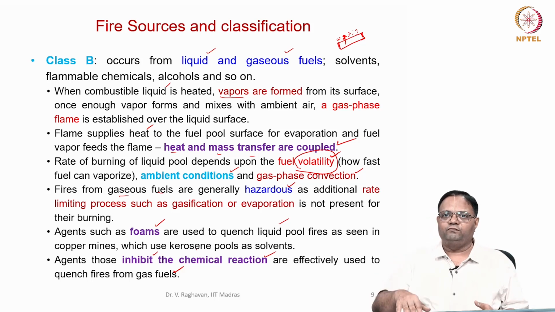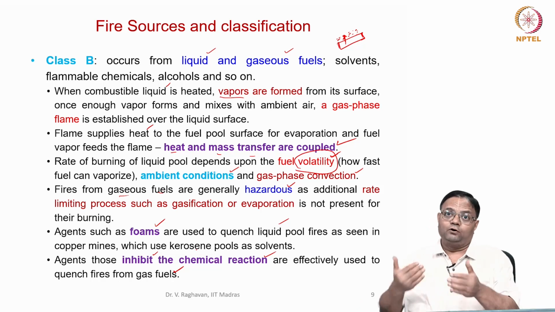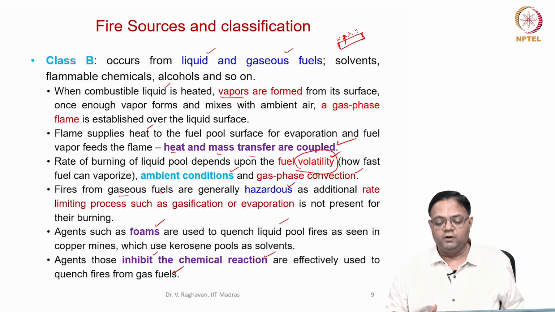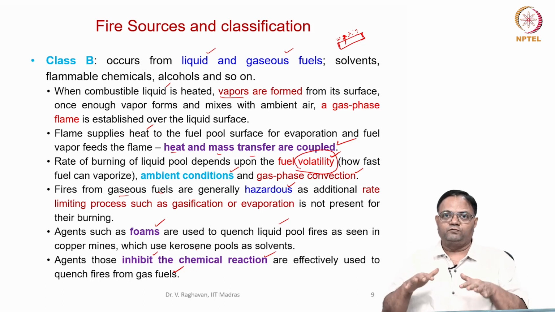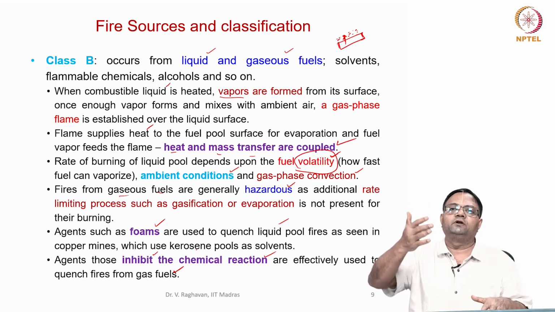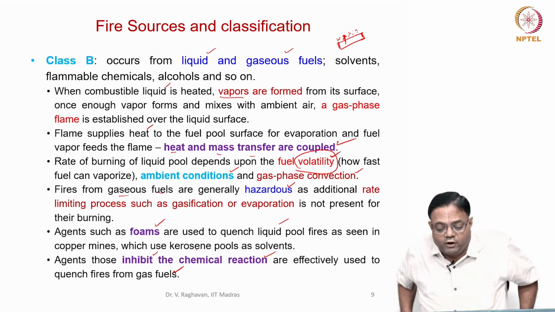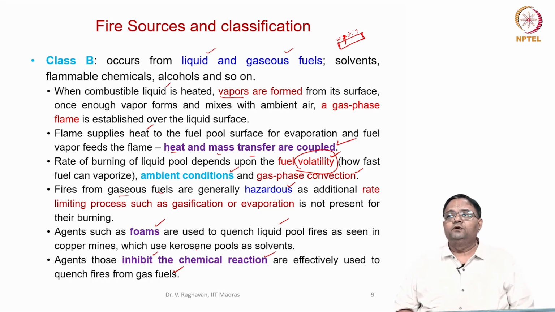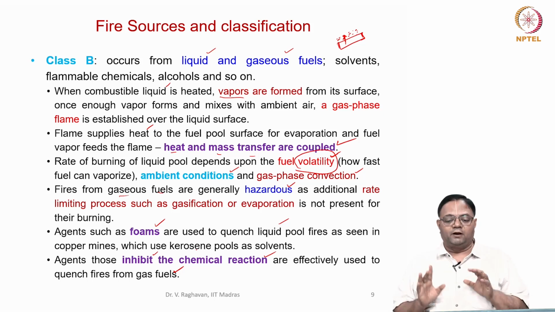The water will go to the liquid fuel pool surface, and because of its higher density it goes below, and the diesel will be on the top, and the contribution of the liquid pool surface producing diesel vapors will still continue. So for liquid fuels we cannot use water, we have to use foams. For gaseous fuels we can use water sprays or halon type agents which actually will inhibit the chemical reaction itself.